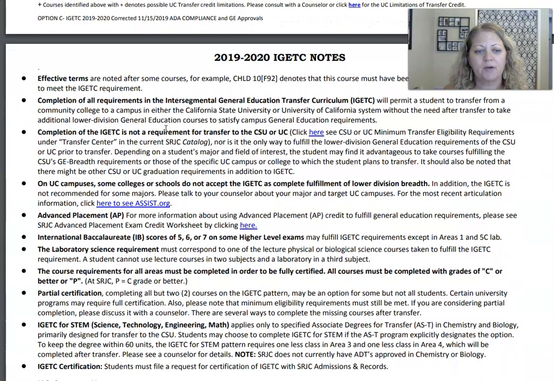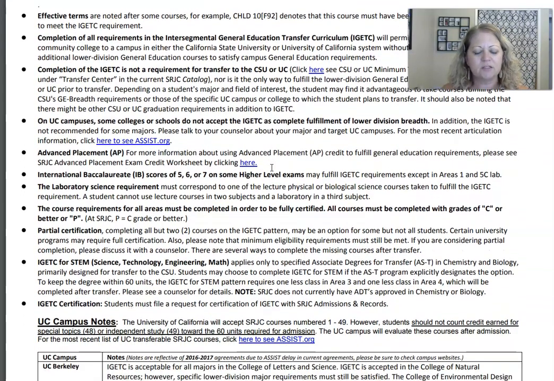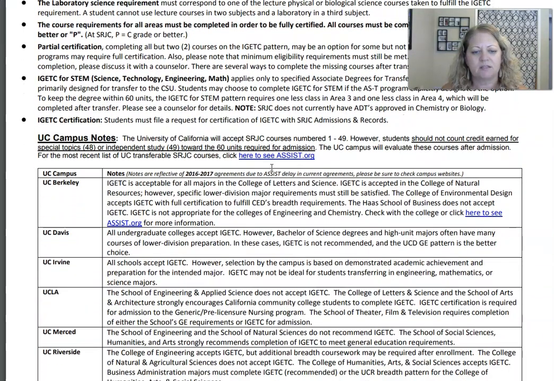And then on the back, we have some notes. There are some notes about what it means to be certified. So SRJC will certify your GE, meaning we tell the four-year university general education is done at the lower division level. There's information about taking classes for pass, no pass, those types of things. And then there's some specific campus notes.